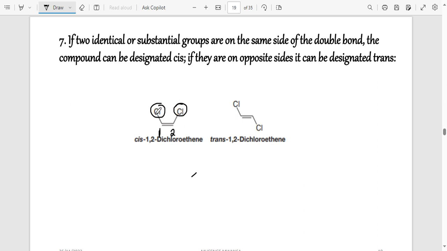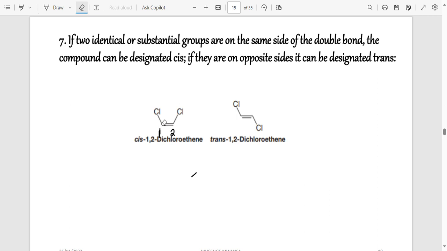So position number 1, you have got a chlorine, 2 also a chlorine. So that is 1,2-dichloro. This is an ethene. It's not even necessary to say 1-ene because there's no other point where the double bond is going to be. But because the chlorines are on the same side, you say cis. If they are on opposite sides, you say trans.